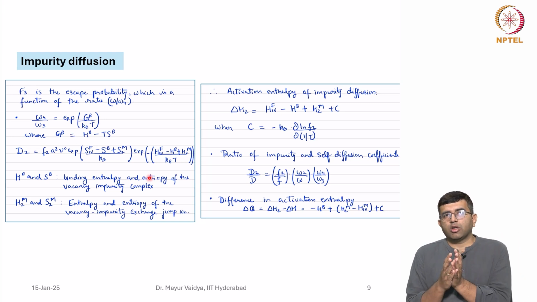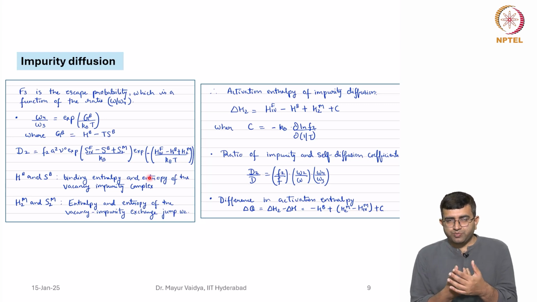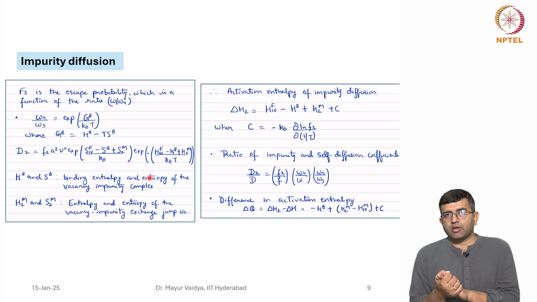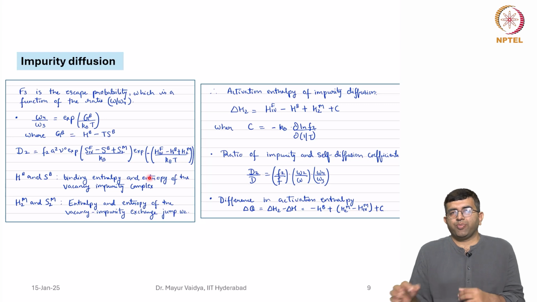Here what we are talking about is substitutional impurities. In the substitutional impurities, because the vacancies are involved, there is a formation of vacancy term coming into the picture, and the binding energies are coming into the picture, whereas in the interstitial case we saw that only the movement is through the interstitial. So, there is no defect formation term that comes into the equation.